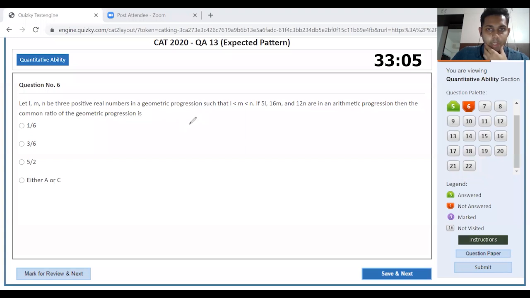LMN and GP, AP. Okay, so GP means M square is equal to LN, and rest are in AP. So 32M is equal to 5L plus 12 of N, right? That is what it means.